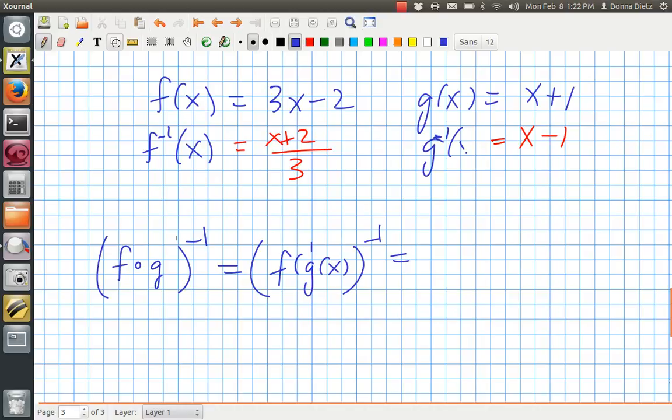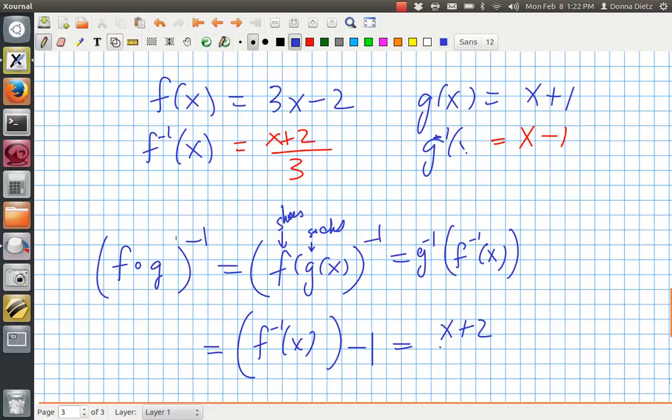So if this guy is my socks, and this guy is my shoes, and I need to undo that, first I have to take off the shoes, and then I have to take off the socks. Alright, so what it means is g inverse is x minus 1, but what is g inverse of f inverse of x? So it's x plus 2 over 3 is my f inverse, and then minus 1.